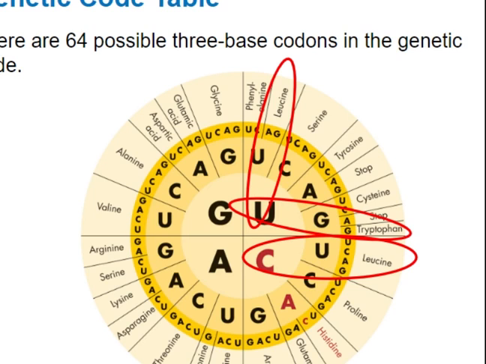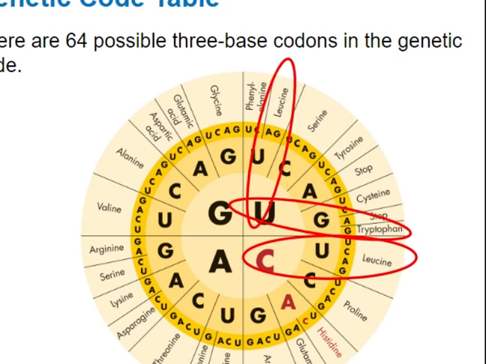However, a specific codon only codes for one amino acid. So anytime you see UUG, it's going to code for leucine. However, leucine can be coded for by 6 different codons: UUA, UUG, CUU, CUC, CUA, and CUG.